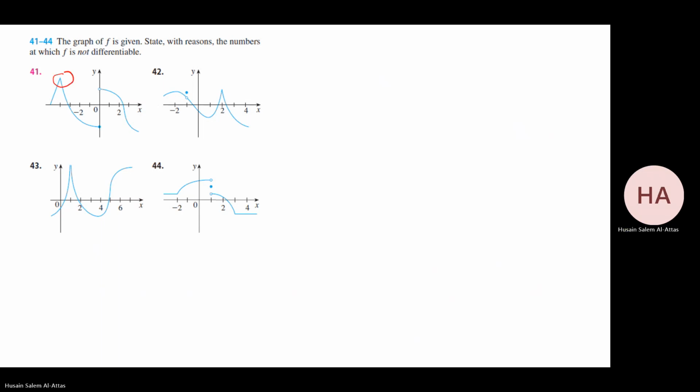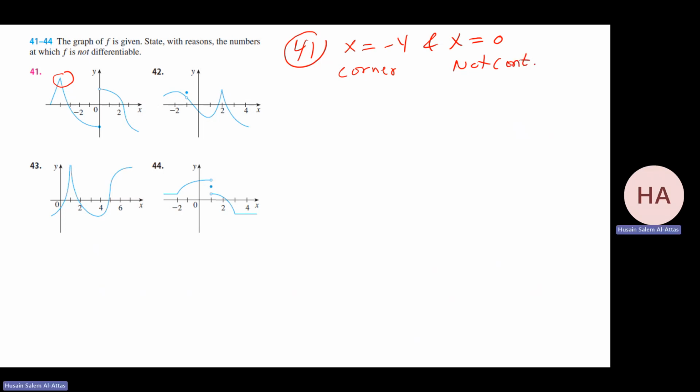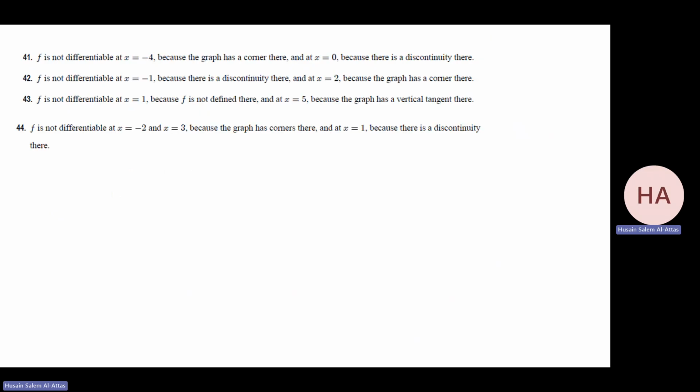Here in 41, this is not differentiable at minus 4 because of a corner or sharp turn, and at x equals 0 because it is not continuous. I put the answers also here: it's not differentiable because the graph has a corner at minus 4, and at x equals 0 because there is a discontinuity there.